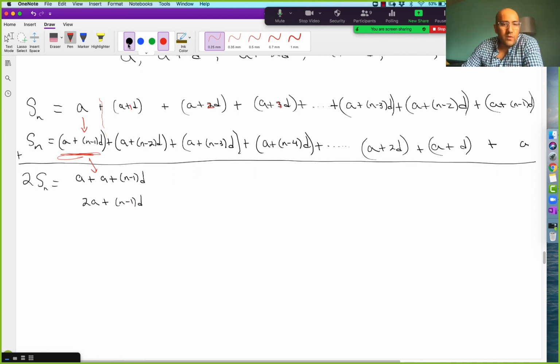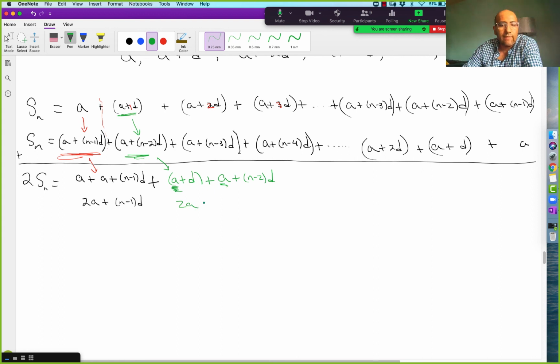Next, we want to add the next two terms. Plus, and now we want to add this one and this one, right? We want to add these two, and that's going to lead to this next summation. So that's going to be a plus d, and we want to add to it plus a plus n minus 2d. Good. Again, we combine like terms, so that's going to give us 2a.